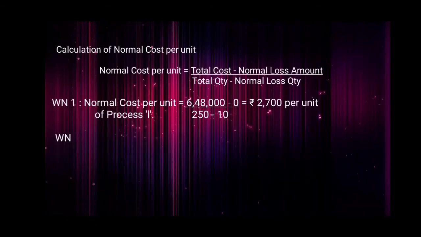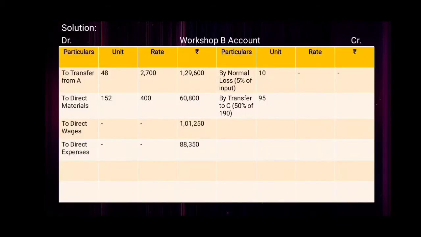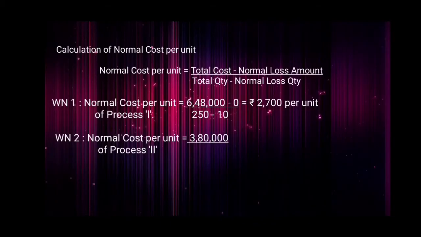So let us prepare working note number 2. Normal cost per unit of process 2 is equal to total cost. Total cost will be 1,29,600 plus 60,800 plus 1,01,250 plus 88,350, which will be 3,80,000, minus normal loss amount.